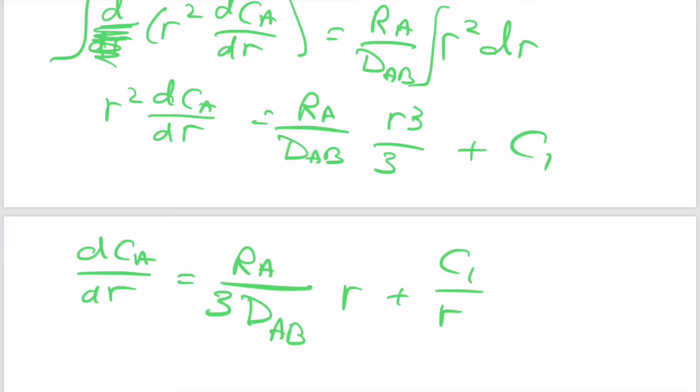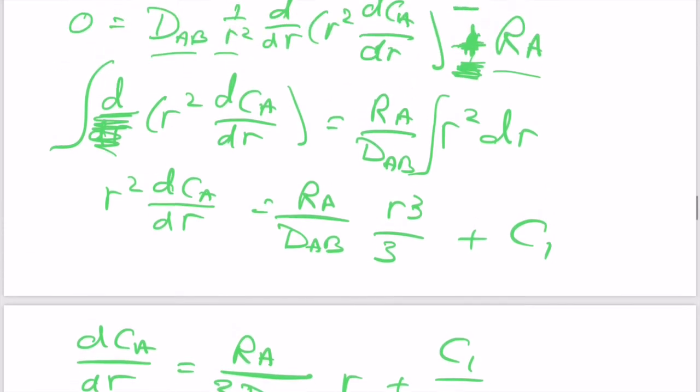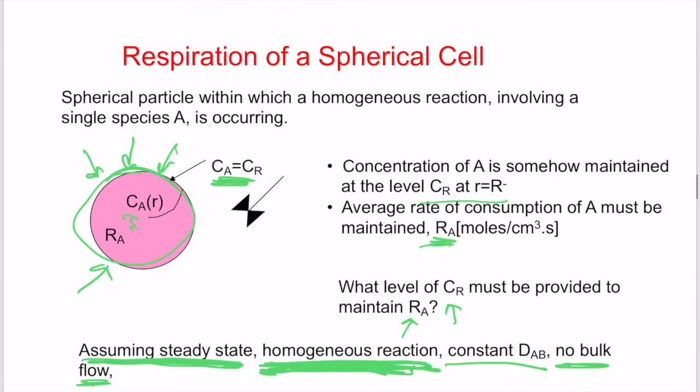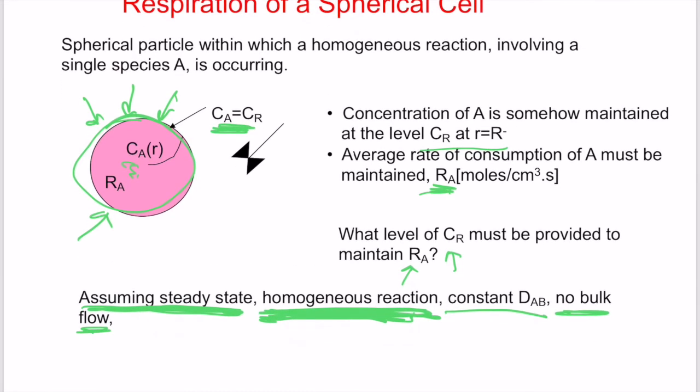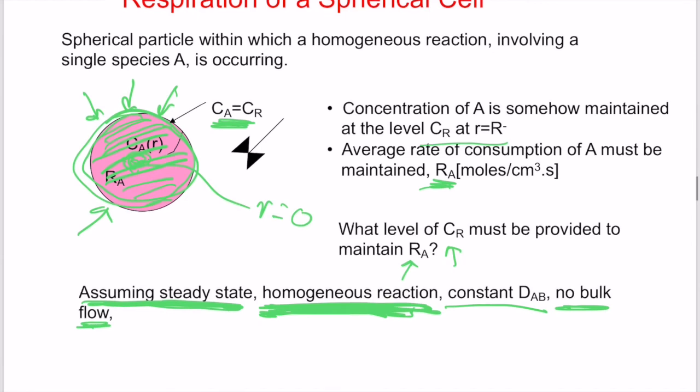All right, and now I could go on, but at this point I'm going to pause. I have a bad habit, I should be specifying the boundary conditions at first. But let's talk about one of the boundary conditions here. This is a sphere, and we're looking at the inside of the sphere for this problem. And so at the inside of the sphere, we have r equals 0. We can use that as one of our boundary conditions. And again, we know from symmetry at the center point, there's no flux, there's no gradient.